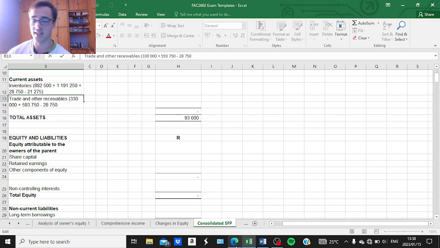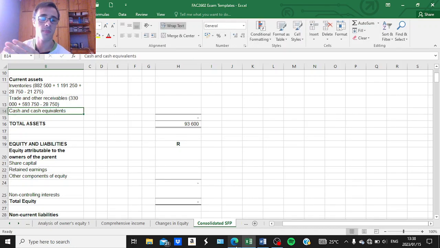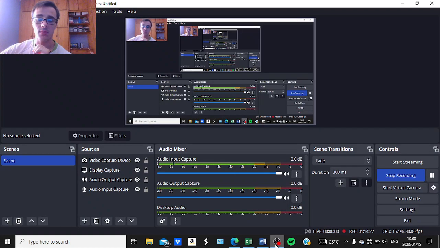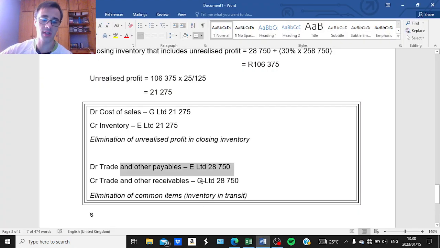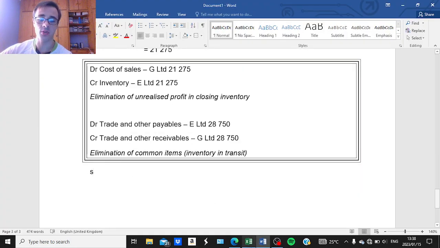Therefore, we will show this as a negative adjustment. That is the elimination of common items, that being the inventory in transit.